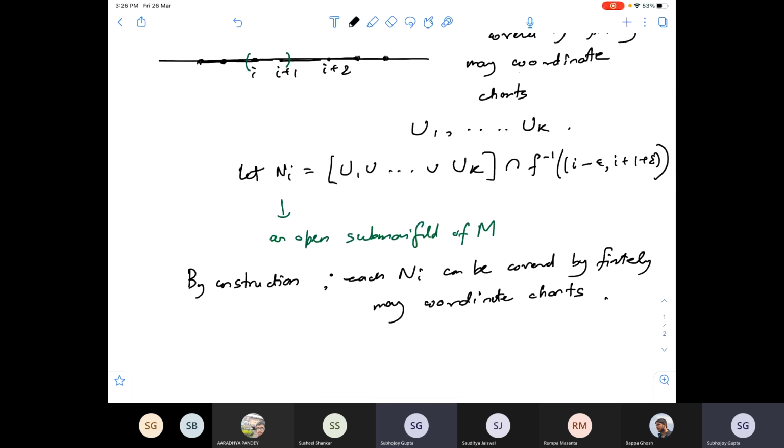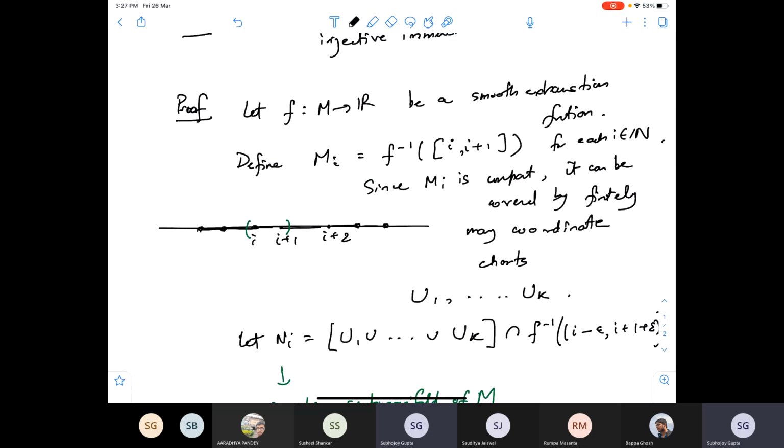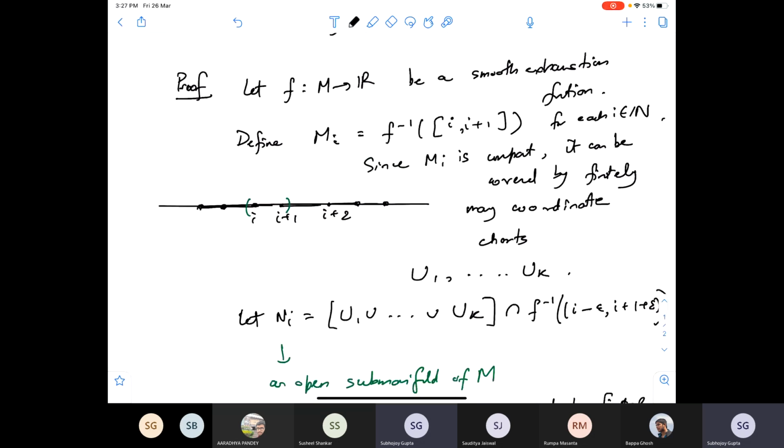and number two, there are two things that happen with this construction. The other thing is that ni intersection nj is empty if these indices differ by greater than or equal to 2. This is just because when we are taking these open sets, this intersection with this slightly larger open set comes into play.